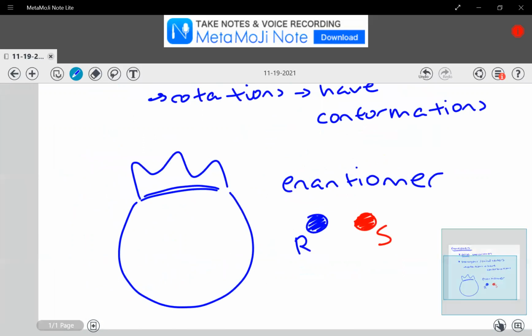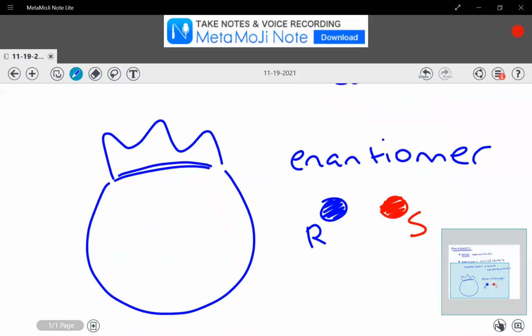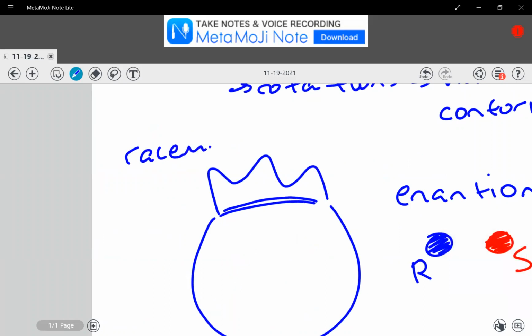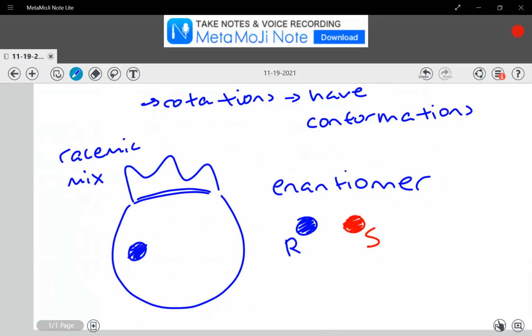Okay. And in this bag of enantiomers, you can have a mix. So you can either buy the racemic mix, not racist, racemic, where you have 50% come in blue raspberry and the other 50% come in strawberry. 50-50.